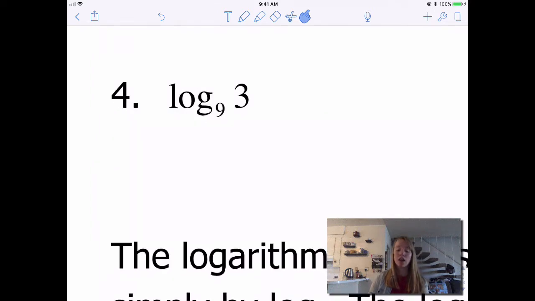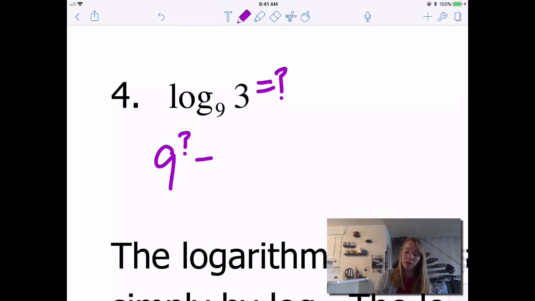I've got log base 9 of 3 equals what? So 9 to what power gives me 3? If I plug in positive powers, 1 is 9, 2 would be 81, 3 would be a really big number. So how do I get to 3?